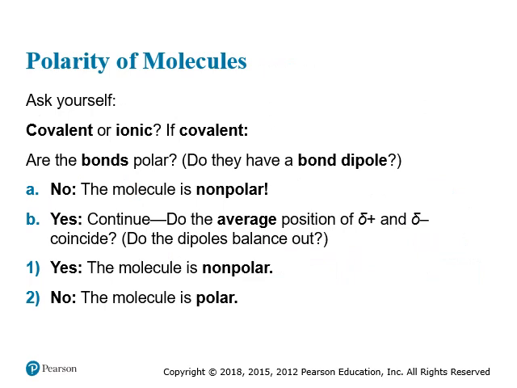Finally, we want to consider the concept of the polarity of molecules. Remember, if there's unequal sharing between 2 atoms with regards to the electron density, that bond would be considered a polar covalent bond. But the molecule on the whole wouldn't necessarily be a polar molecule.